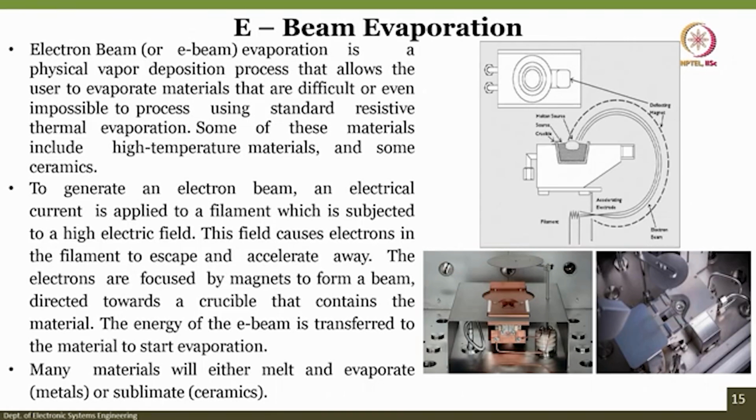Now, what we have discussed earlier is thermal evaporation, and I told you the limitation of the thermal evaporation system: if the material loaded onto the source has a higher melting point than the source, we cannot use thermal evaporation, but in that case we can use e-beam evaporation.